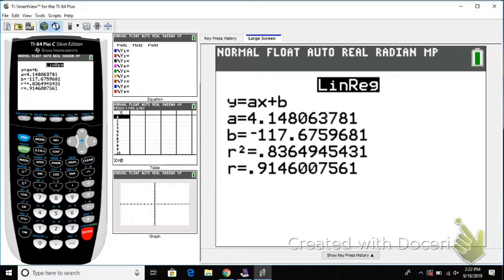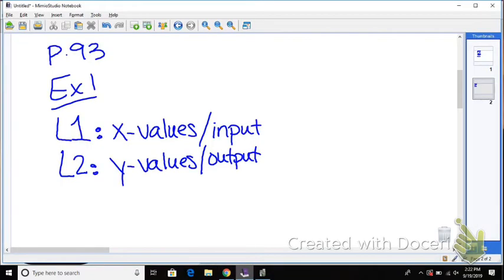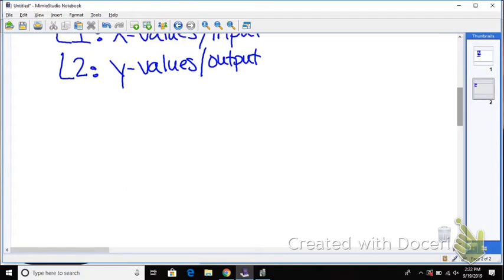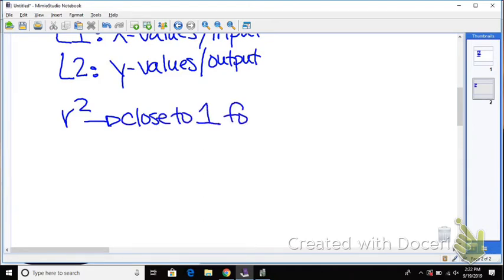Okay? So I'll add that to your notes here. R squared, you want that to be close to 1 for a good predictor.